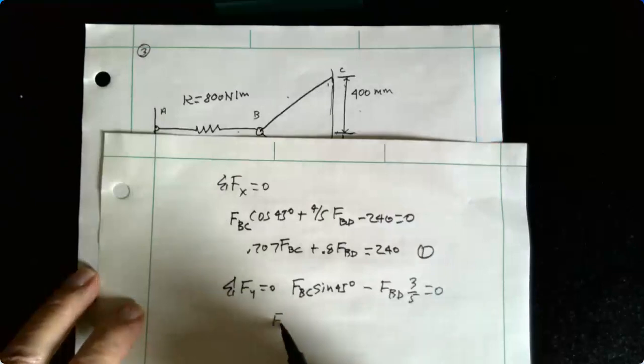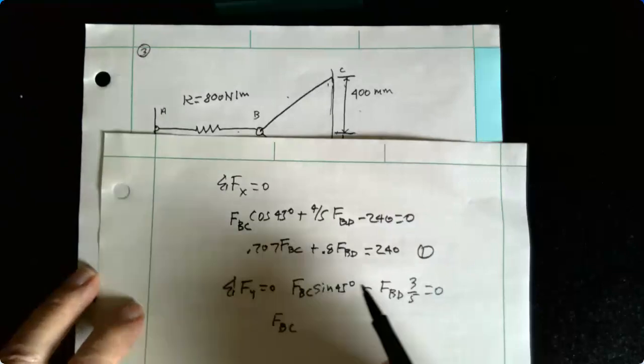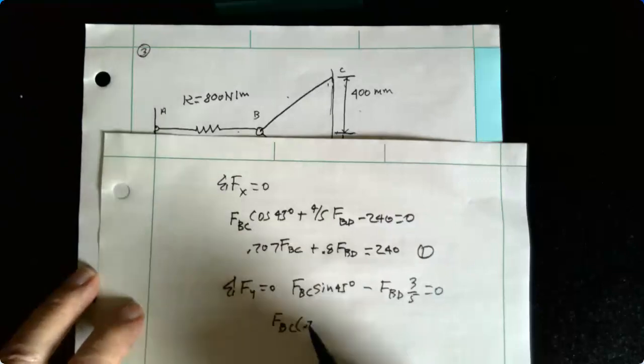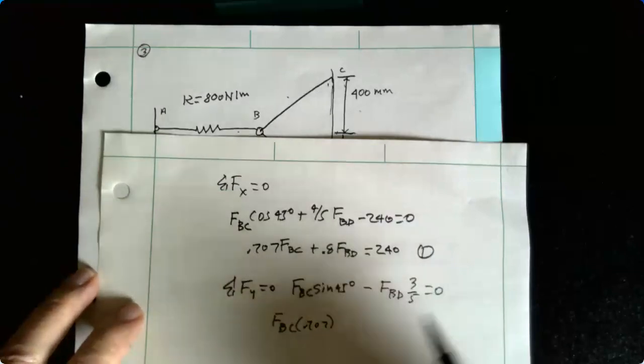Rearrange this a little bit. Force in BC sine of 45, which is 0.707, equals 6/10 force in BD.